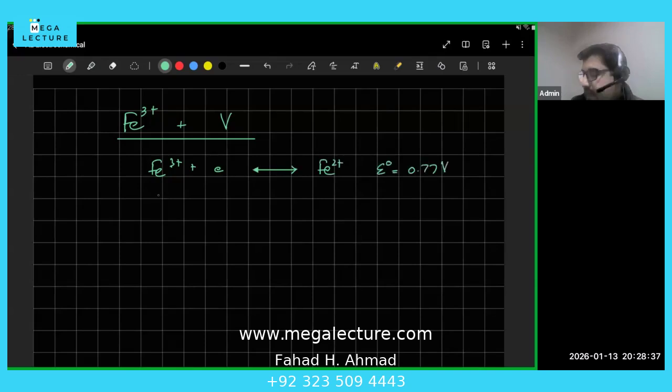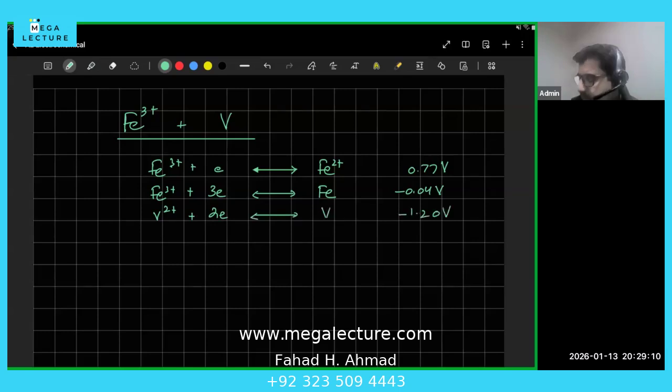And you've got Fe3 plus plus 3 electrons becoming Fe, that's a value of minus 0.04. I'll just check the values at the end. So for vanadium, I've got V2 plus plus 2 electrons in equilibrium with vanadium. And this was 1.20 volts.